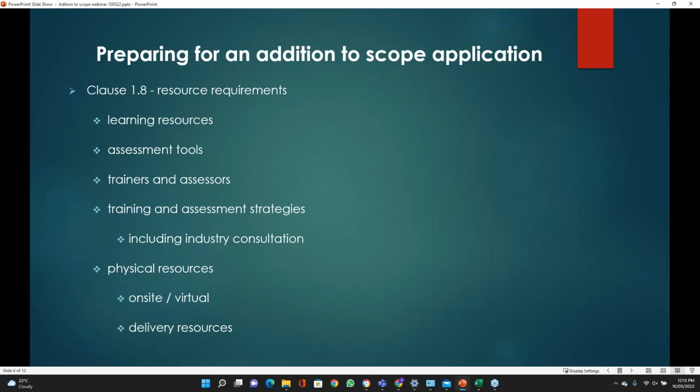Remember, James, part of the obligation of an RTO is to make sure that it uses compliant assessment tools, and that we've assured ourselves before we start implementing them that those assessment tools are actually valid and that they can produce sufficient evidence from our learners as they use them. So making sure that your assessment tools are completely valid is all part of your preparation as well.